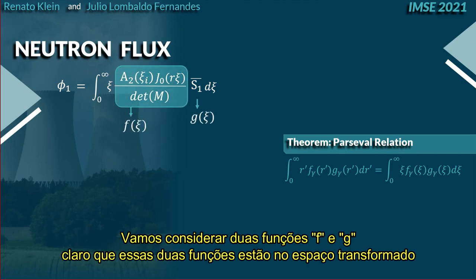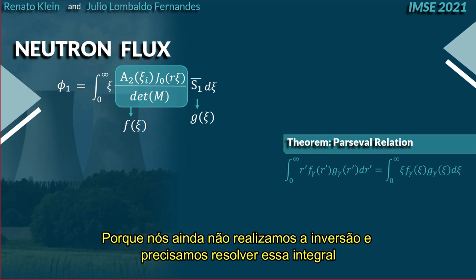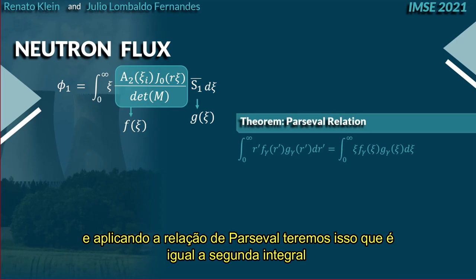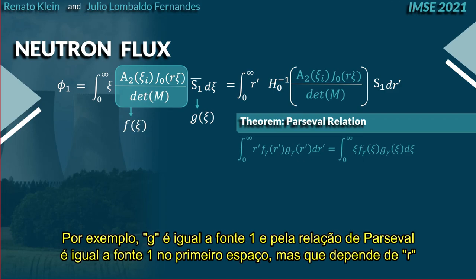So we consider the two functions, f and g. Of course, these are two functions in the transform space because we have not inverted yet, and I need to solve this integral. Applying the Parseval relation, we have that this is equal to that second integral. For example, g is the source, and by the Parseval relation it is just the source in the first space.